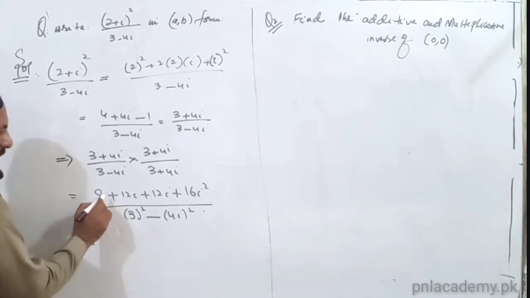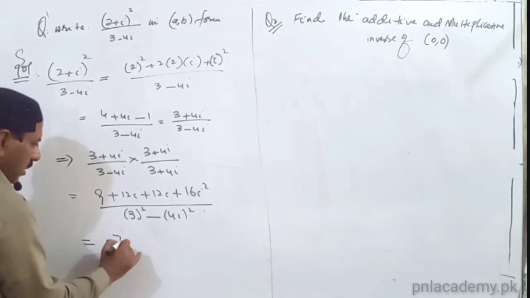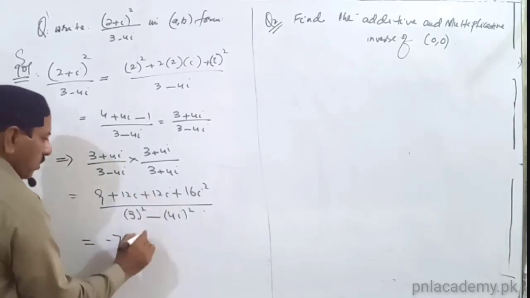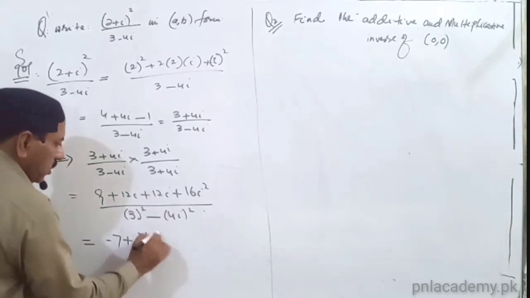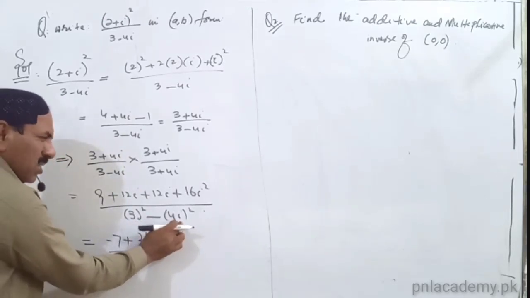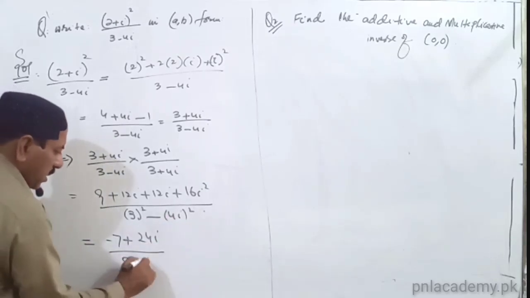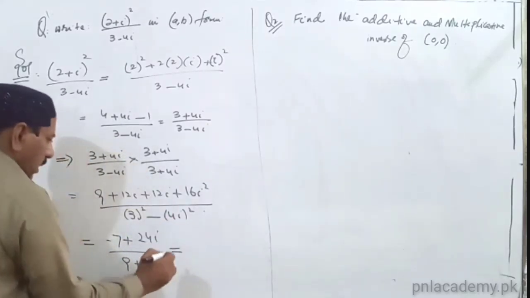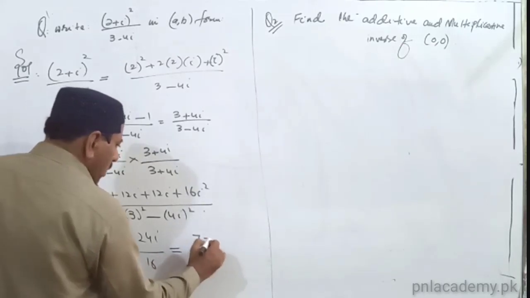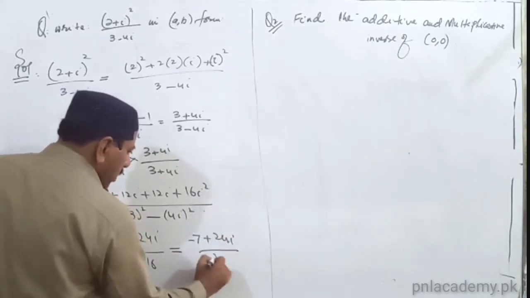So this will be 9 minus 16 iota square, 9 minus 16, minus 7, plus 12 and 12, 24 iota. Iota square gives the value of minus 1, minus minus plus 16. So this will be minus 7 plus 24 iota upon 25.